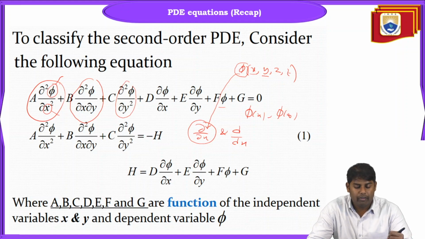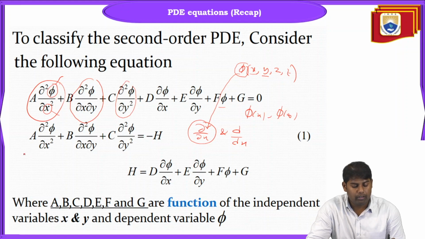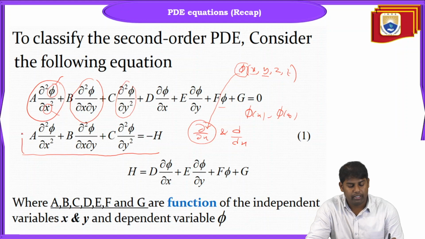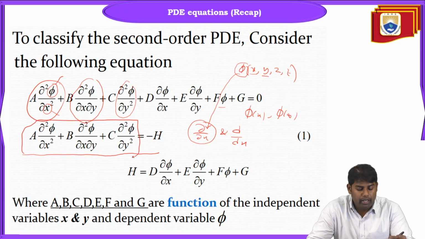In the second step, we have taken all the first derivatives to the right hand side, so that we have this second order PDE on the left side. We classify this second order PDE using Cramer's rule.